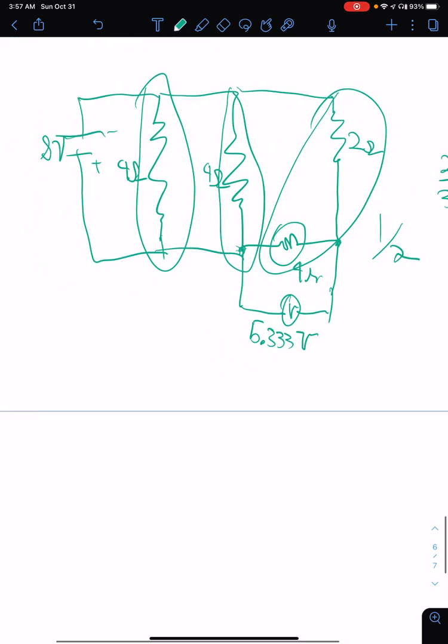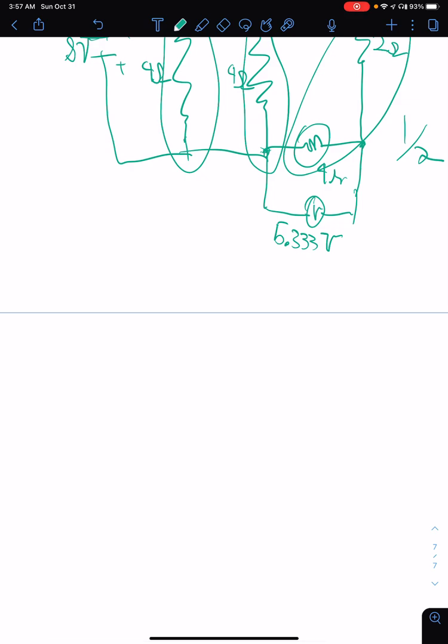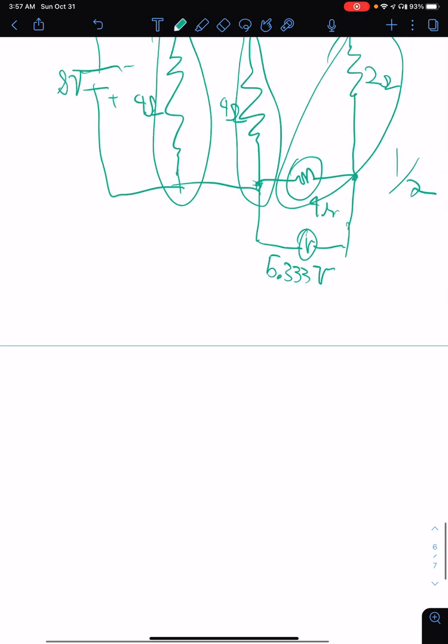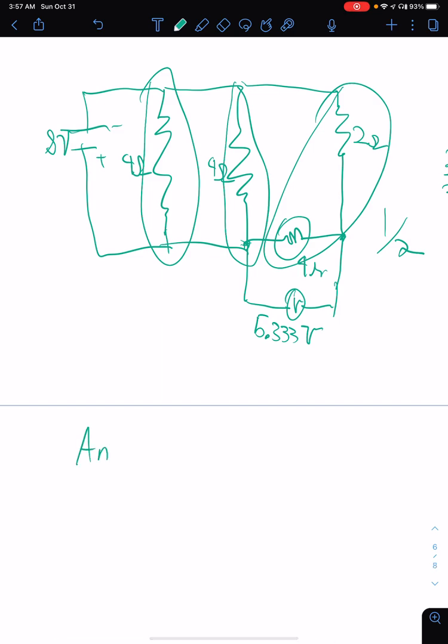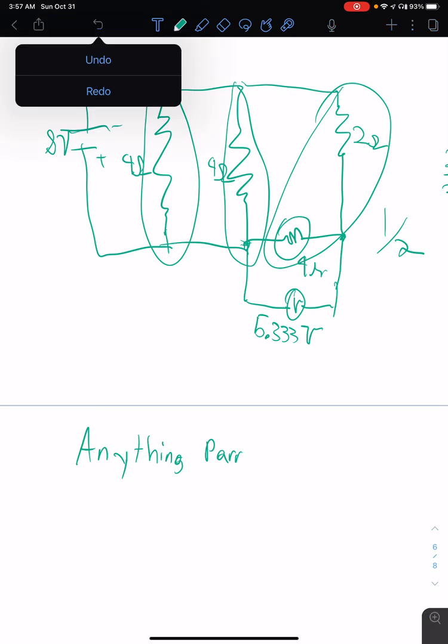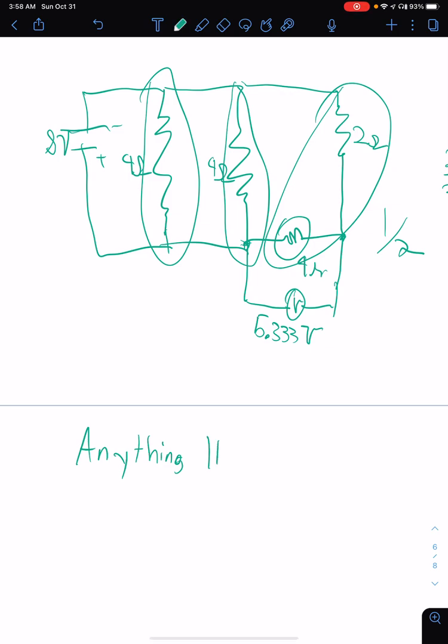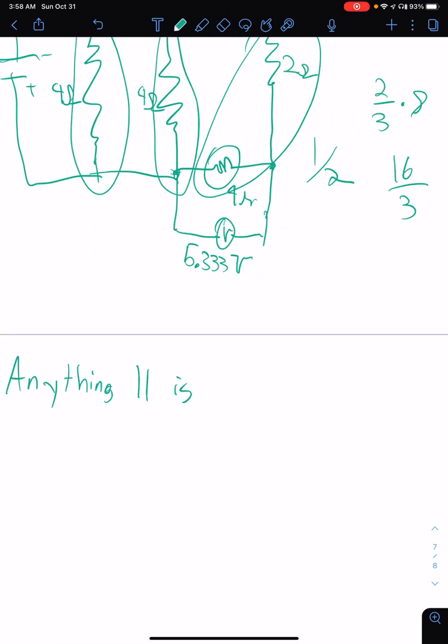333 volts would be the drop if this was 2 ohms and 4. And these are just little tricks that conceptually, if you understand that anything in parallel is equal voltage, and anything in series, and the symbol for series is a comma, is equal current.